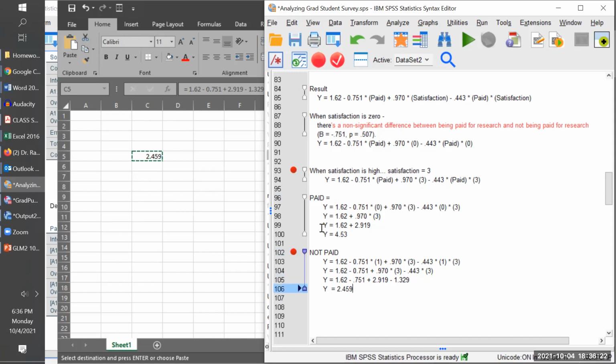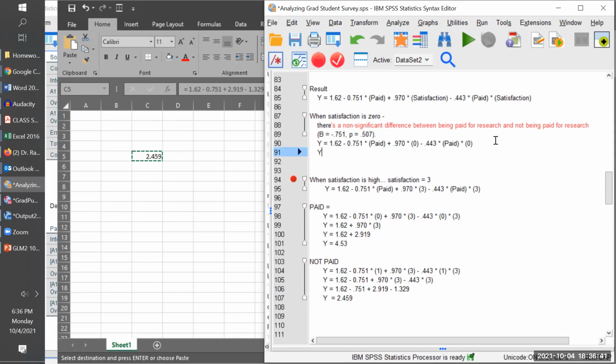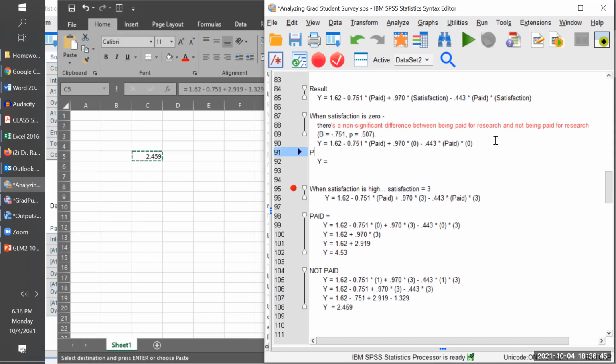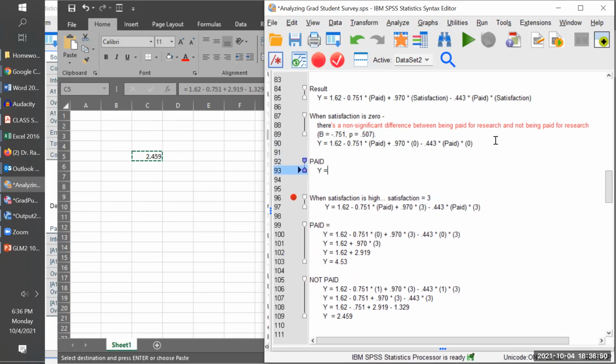So let's just go back to this one, which is our expected score here. Y is 4.5, and here, when they're not paid, it's lower. And when satisfaction was 0, we didn't get this one all the way to, so let's do that. Paid, this will be 0.